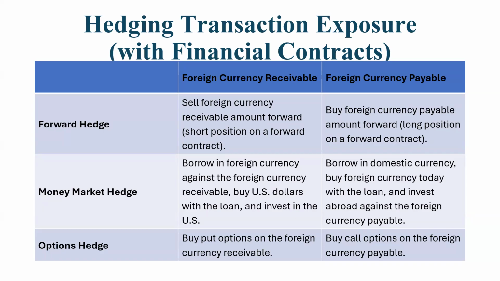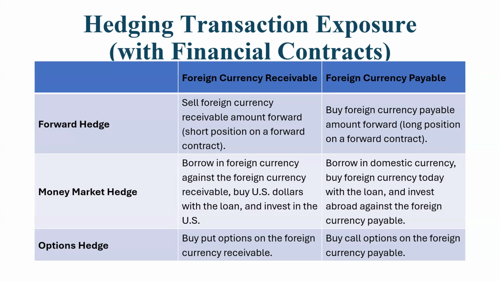Now, if on the maturity date of the forward contract, the spot rate in the spot market turns out to be 1.40 Canadian dollars for £1, let's take note that in that case, the spot rate is less than the forward rate because the forward rate was 1.46 Canadian dollars for £1.